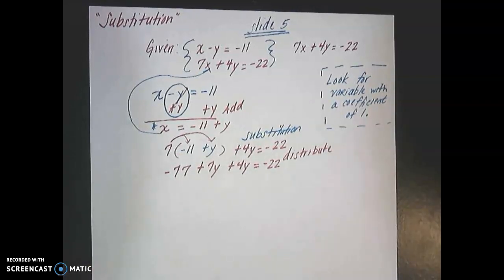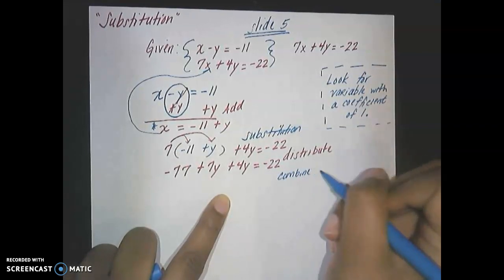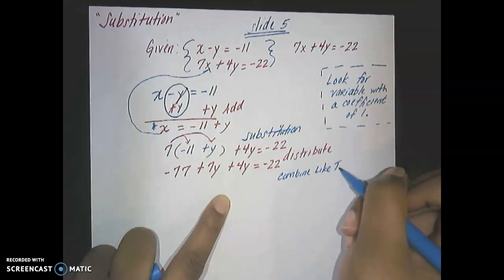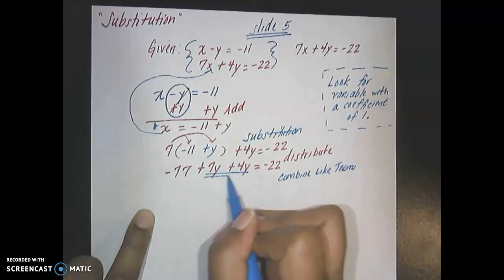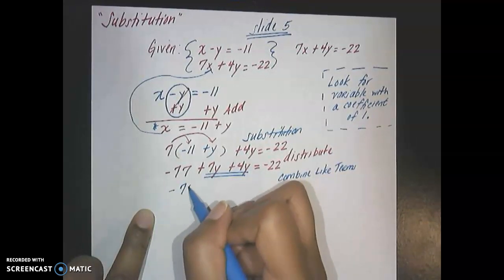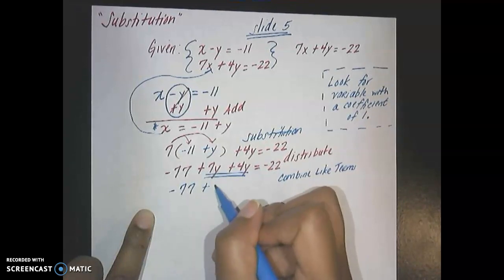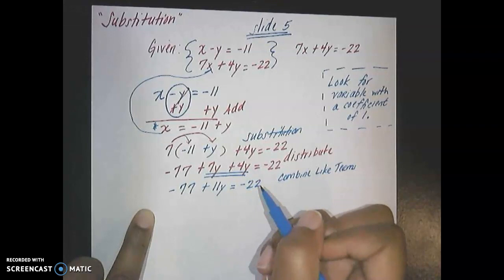That's my first step. Now I'd like to combine like terms, and my only like terms here are 7y and 4y. So I'm going to have negative 77 plus 11y equals negative 22.